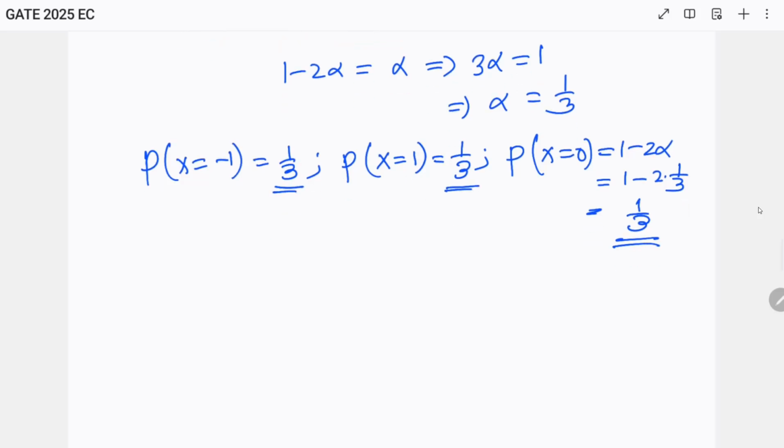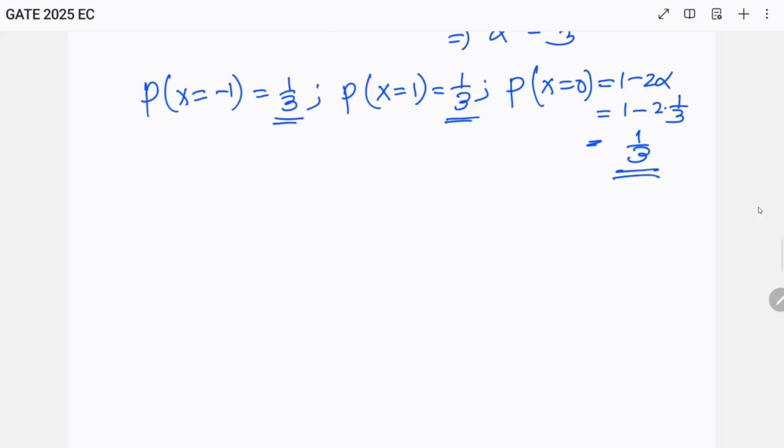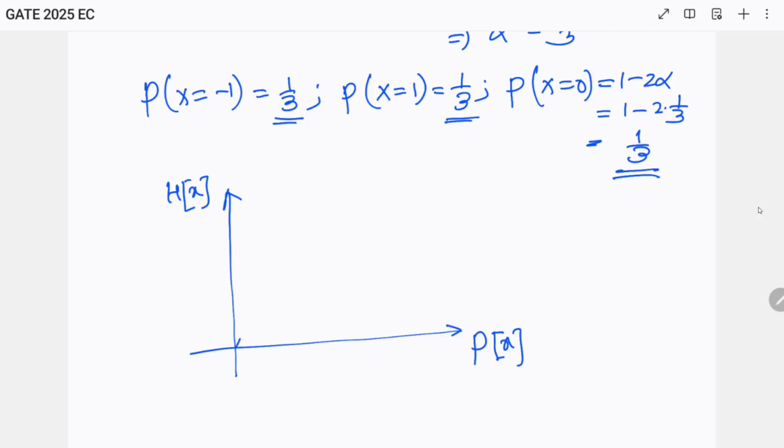Let me draw this curve. In the x-axis I have probability, and in the y-axis I have entropy, H of x. I can draw this curve, and the maxima happens at 1 by 3, or I can write 0.33. The rest of the points are decreasing, it's like a bell shaped curve.